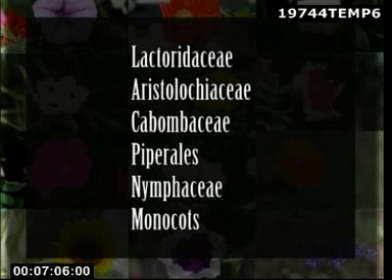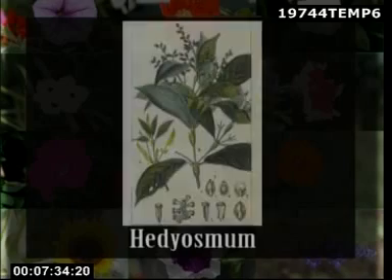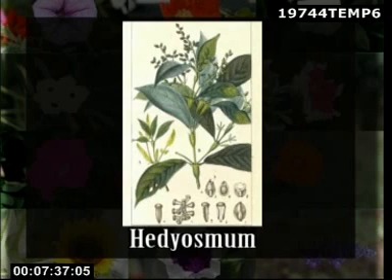Another theory is the Chloranthoid hypothesis. This hypothesis suggests that flowering plants evolved from Chloranthoid ancestors, not unlike the modern angiosperm family Chloranthaceae. Arguments presented by Stuessy in 2004 in favor of Leroy's proposal include reports of data from molecular systematics that place Hedyosmum in a clade basal to other extant angiosperms.